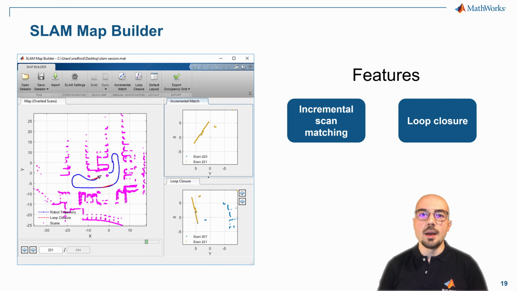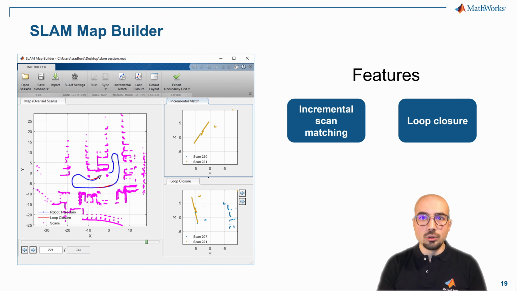Now we can move to the application, and the application, as we can see, is very user-friendly. It allows us to import the data and to tweak the SLAM settings. The feature of this application is the incremental scan matching. So if we have, as usual, a set of information, in this case 244 items, the process will go through all this information and match them in order to generate the best map.